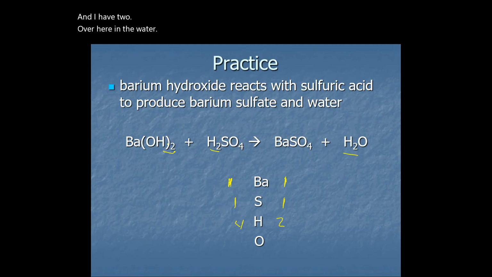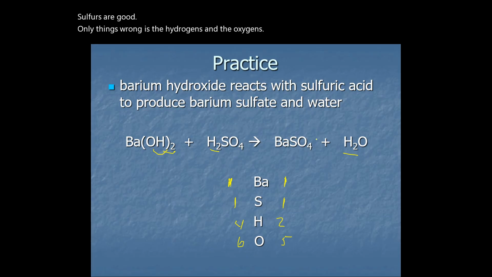In oxygens, I have 2 plus 4, that's 6 oxygens. But over here I have 4 plus 1, or 5. So bariums are good. Sulfurs are good. Only thing wrong is the hydrogens and the oxygens.